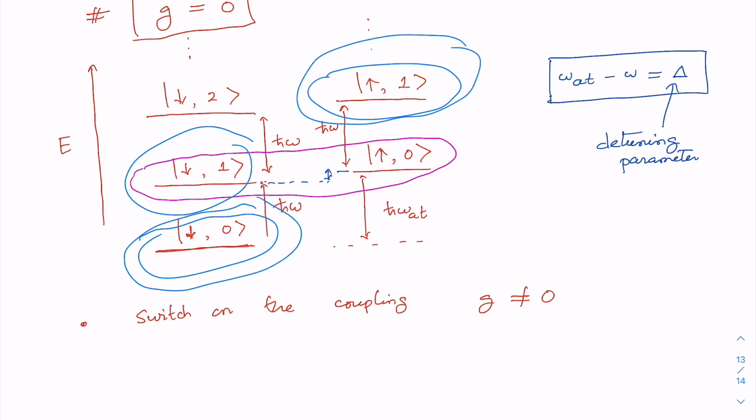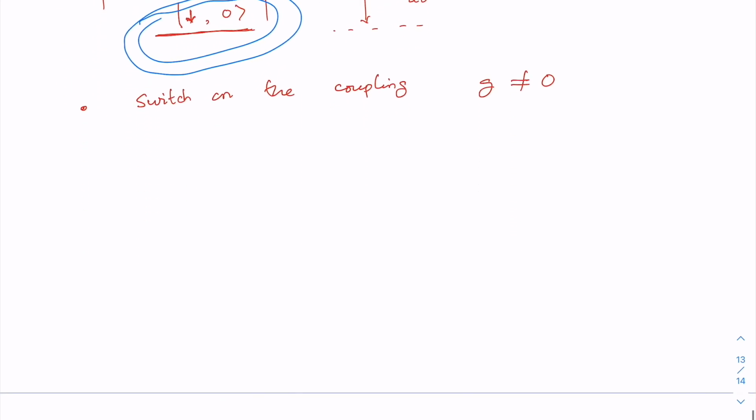Hope you are getting the idea. So we can just neglect interaction between these energy levels, and in that case we are neglecting all the off-resonant transitions, and this is the so-called rotating wave approximation. So we are going to neglect all off-resonant interactions, as will be clear.